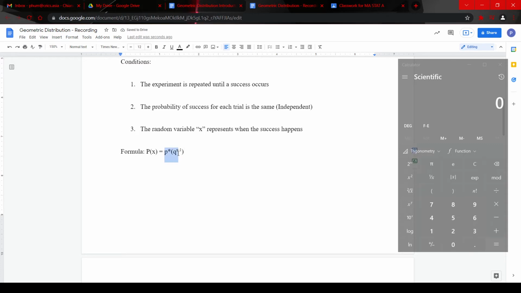So P times Q to the power of x minus 1. This is a much simpler formula compared to binomial, but the conditions are also much more strict.